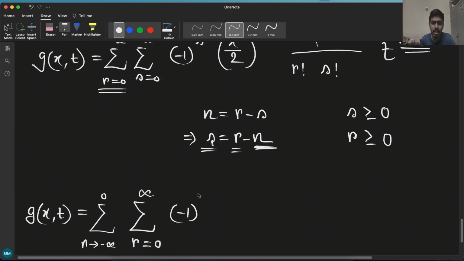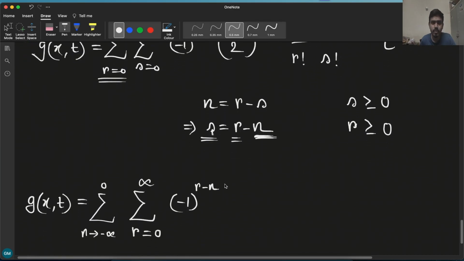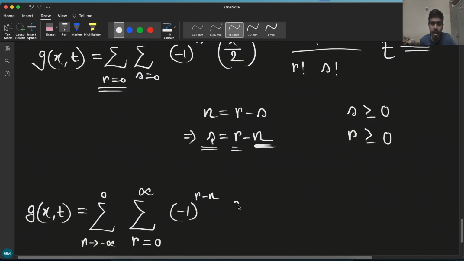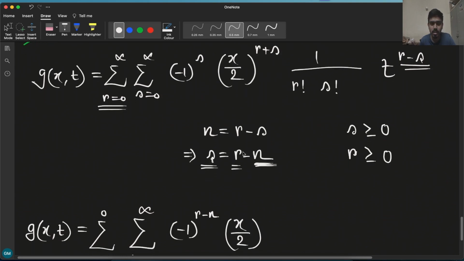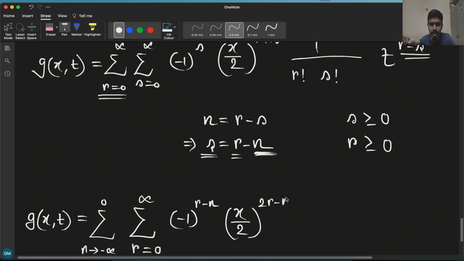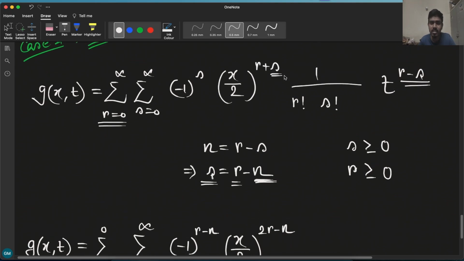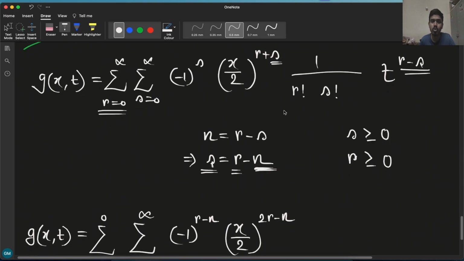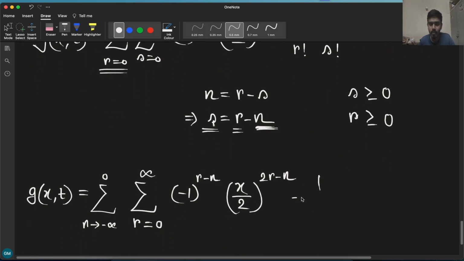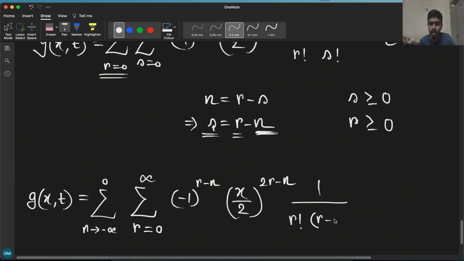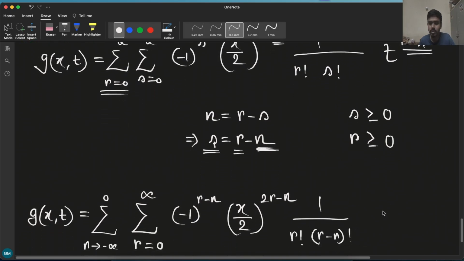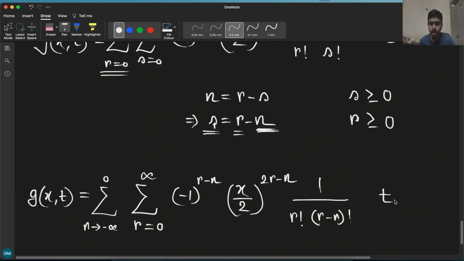instead of s, I will write r minus n, and then I will write (x/2) to the power, instead of r plus s, I will write 2r minus n. Because in place of s I am writing r minus n, it will be 2r minus n, and then it will be 1 by r factorial times s, which is r minus n, so r minus n factorial, times t to the power n.